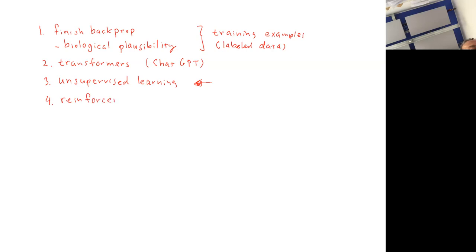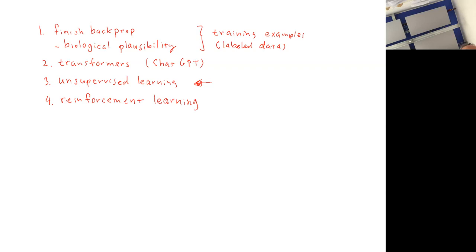Well, not exactly switching gears. Reinforcement learning is unsupervised, but in unsupervised learning, you get maybe a useful feedback signal. In reinforcement learning, your only feedback signal is reward: what you did was good or bad. Okay.